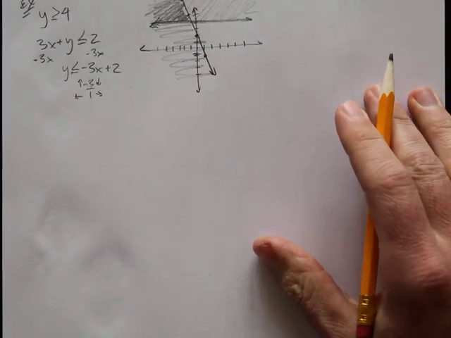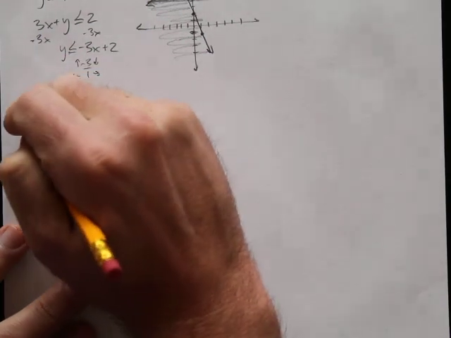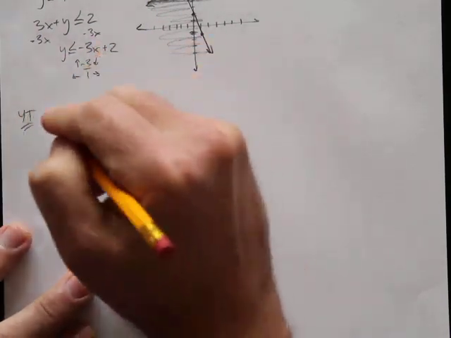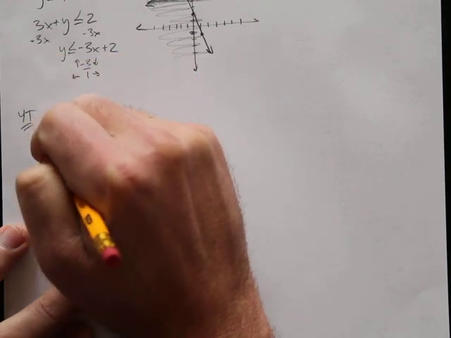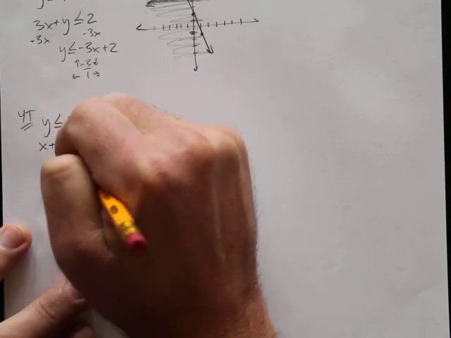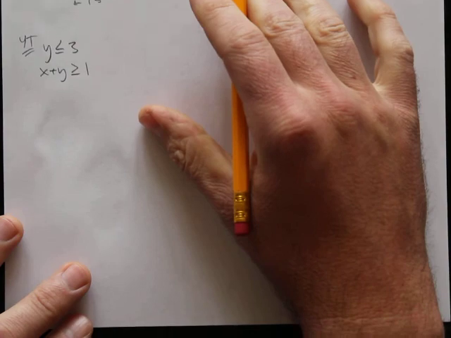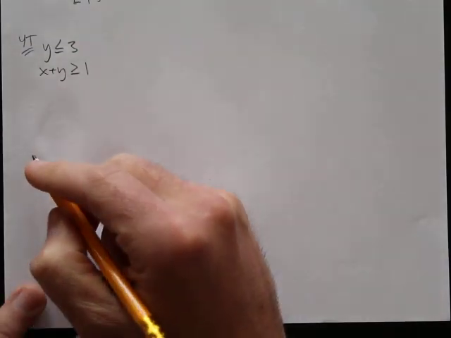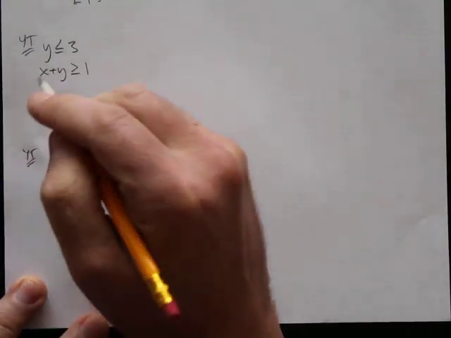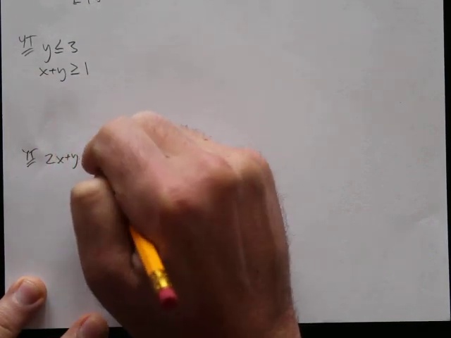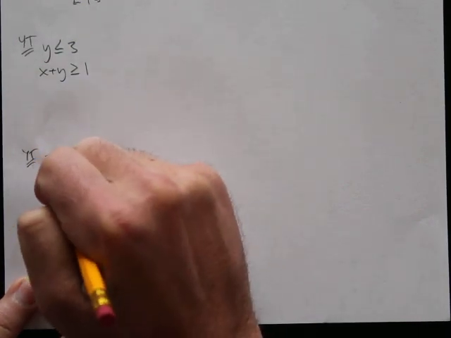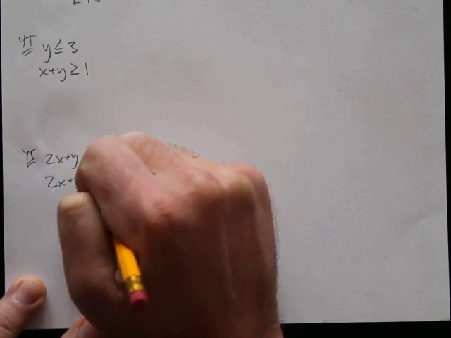All right, let's have you do a couple on your own. You try. Y is less than or equal to 3, and x plus y is greater than or equal to 1. And let's do another one here. 2x plus y is greater than or equal to 2, and 2x plus y is less than or equal to 4.